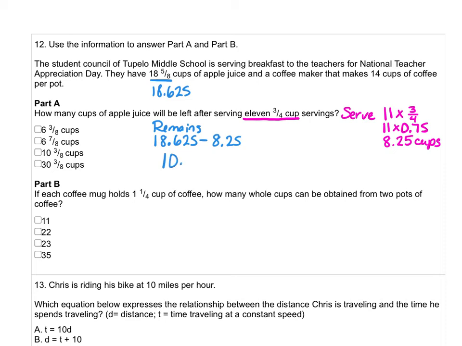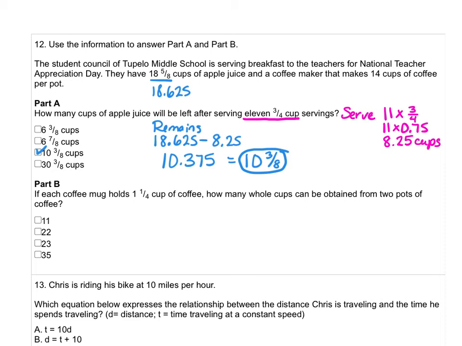And that's 10.375 that remains, which is going to be a little under 10.5, and it actually is equal to 10 3/8. That's that third choice on part A. So that's what remained. Part B.